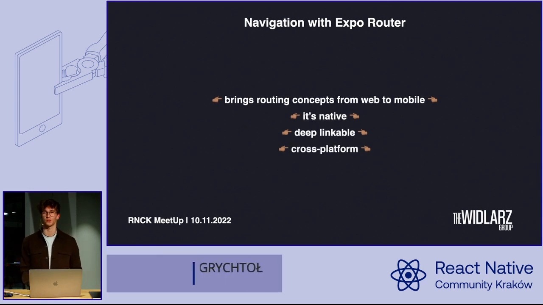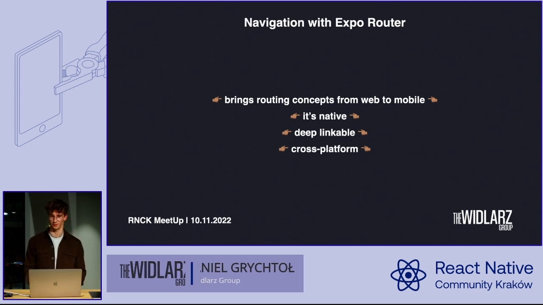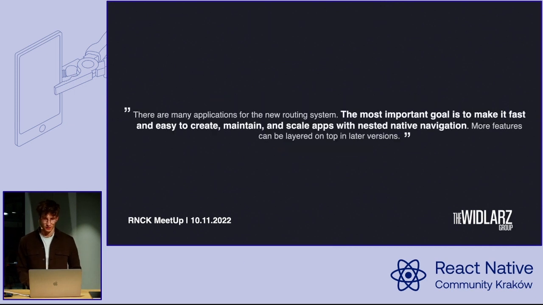It's a cross-platform solution, so basically, with one setup, one code, you target web and mobile, iOS, Android at once. And all these characteristics are part of the goals of the new routing system.